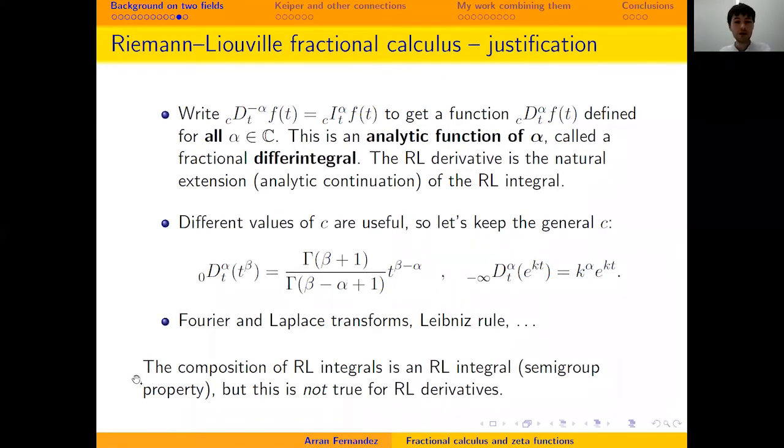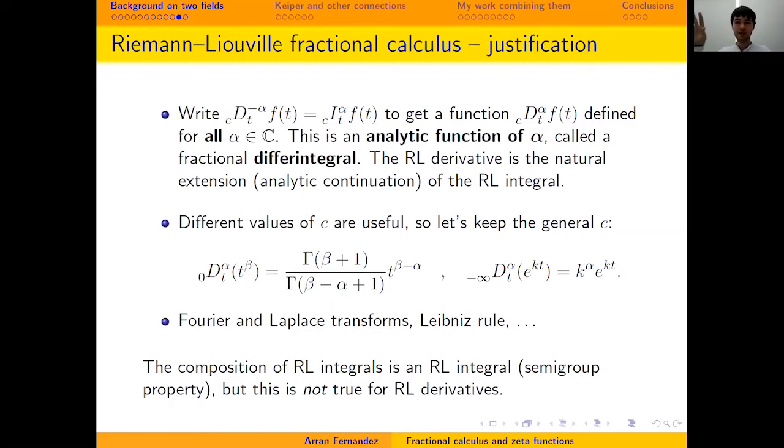One thing which does not work as expected is composition. In classical calculus, if you take, let's say, the second derivative of the third derivative, then you should get the fifth derivative. The numbers go together like powers. In fractional calculus, this works for integrals. Integrals have this semigroup property.